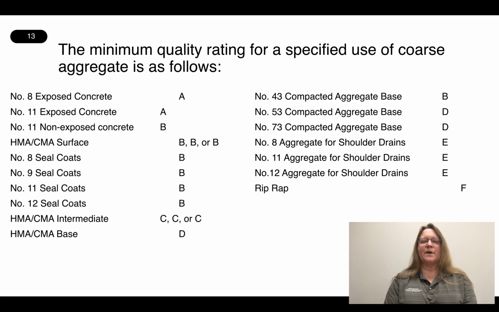And the minimum quality rating for specific uses, here you can see how that plays out. Again, for specific applications, you'd have to get into the spec book and read about the special requirements for each application.